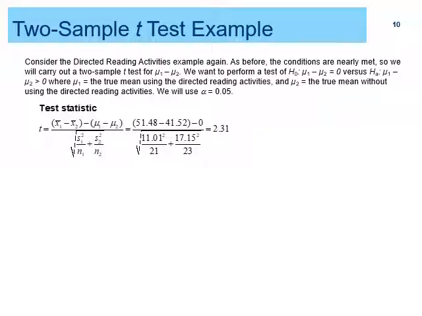So here we put in all the values, with x1 minus x2 minus mu1 minus mu2 equal to 0, and we got t as 2.31.